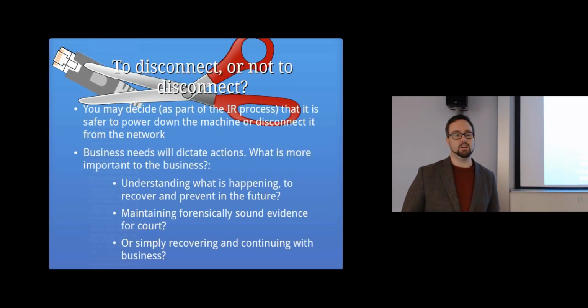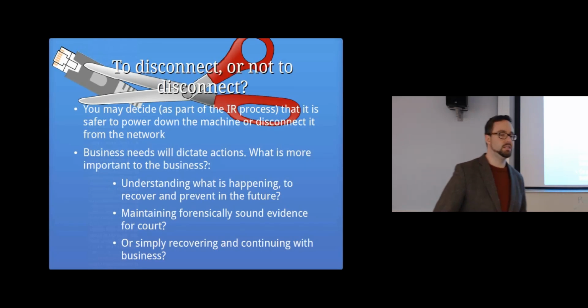So is it more important that we understand what's actually happening? Do we want to try and recover from what's happening and maybe know what's happening so we can prevent it in the future? Or do we want to maintain all of the information in a forensically sound way, so that if we're likely to go to court, it's going to stand up in court?